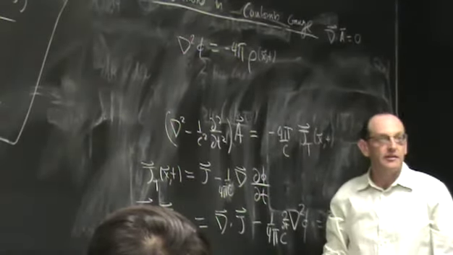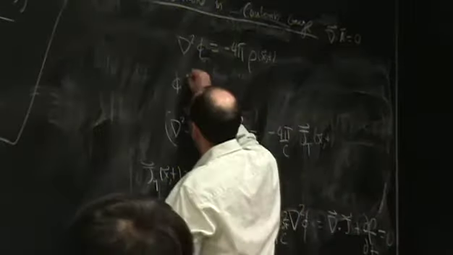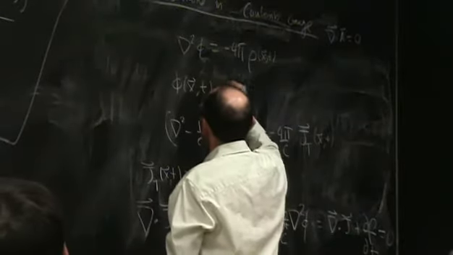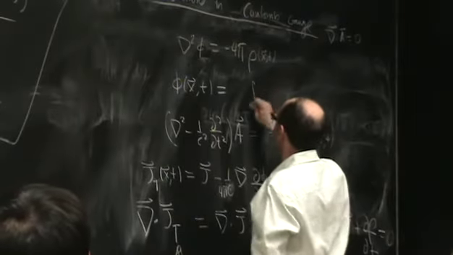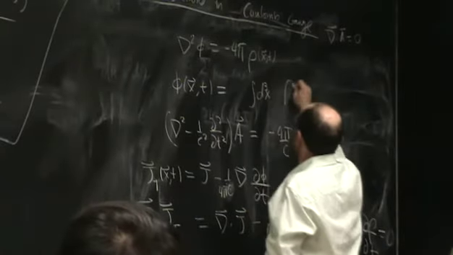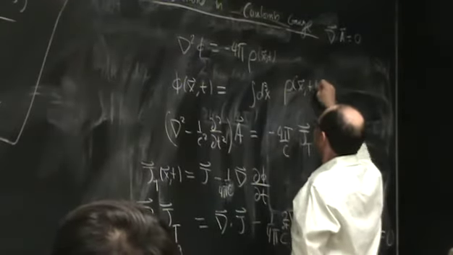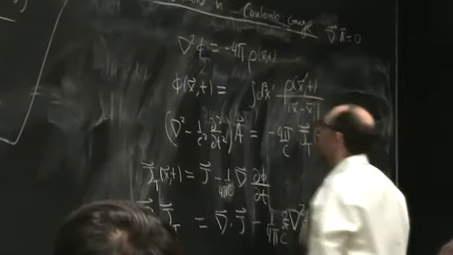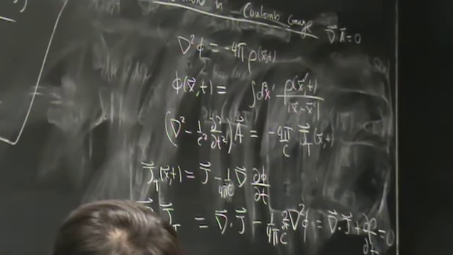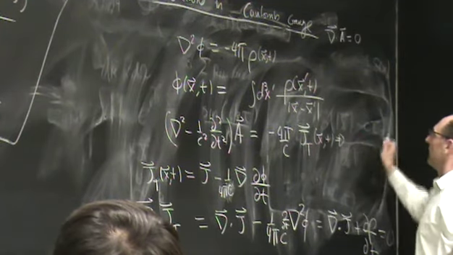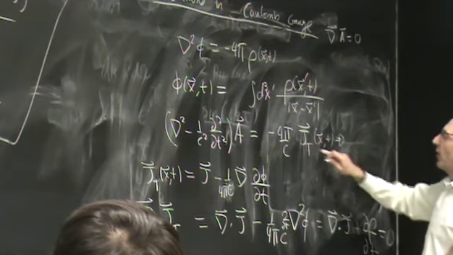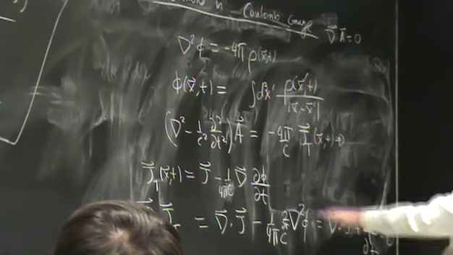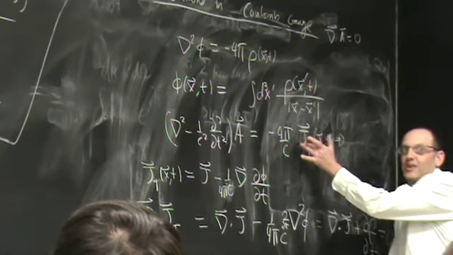So the solution we have in the Coulomb gauge, or sometimes known as the transverse gauge, doesn't have the retarded time in it. It has the instantaneous time. This solution does have the retarded time, but in a way that depends on this funky transverse thing.